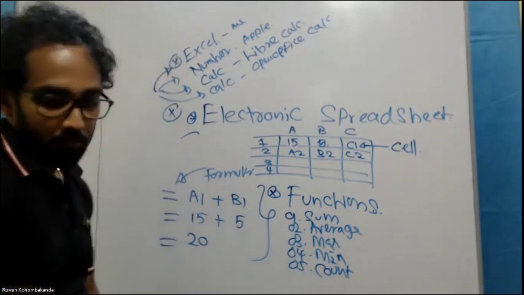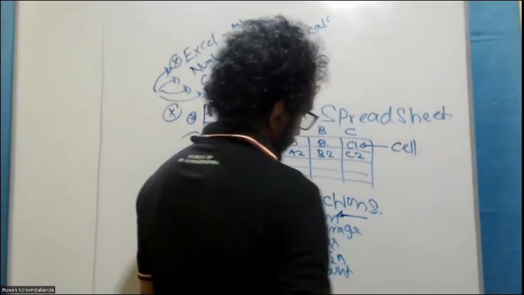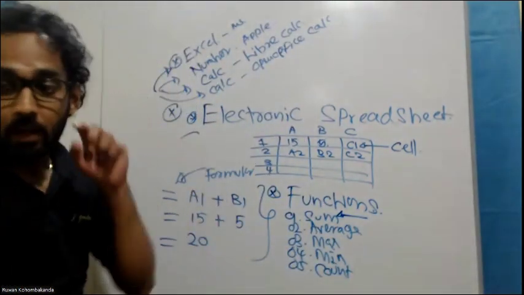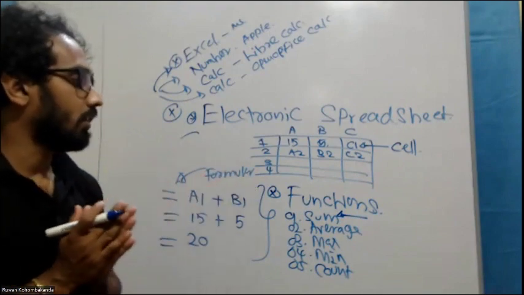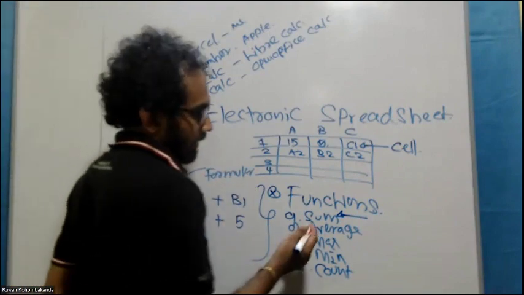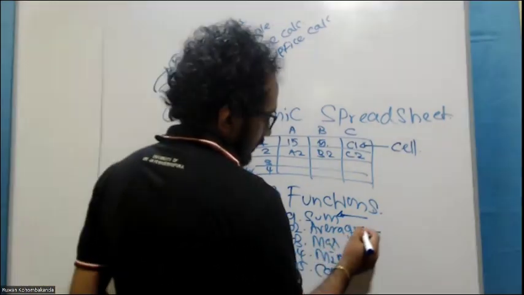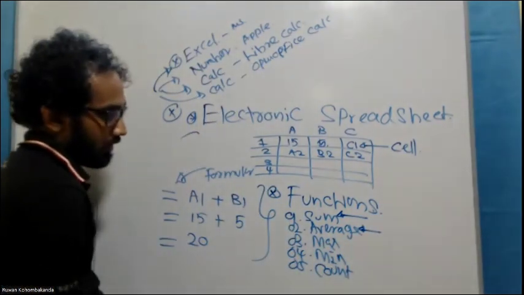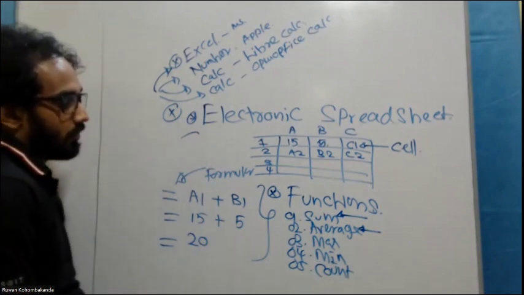What's the purpose of sum? Sum is to add the values, to get the summation in a range of cells. Then what's the purpose of average? Find the average of any values. Yes, 100%. Very good.